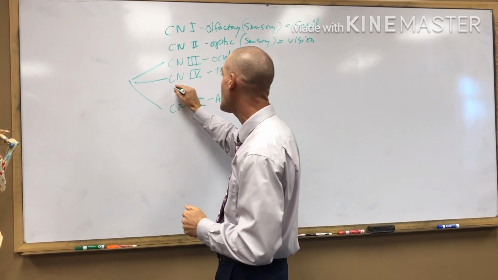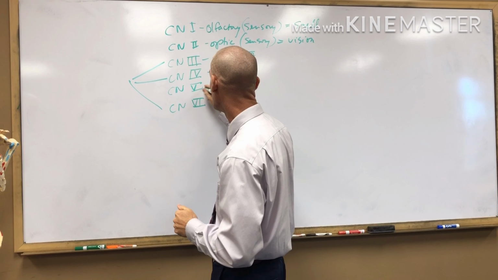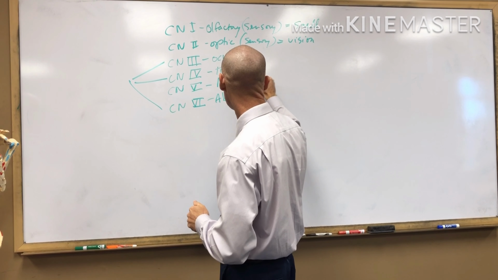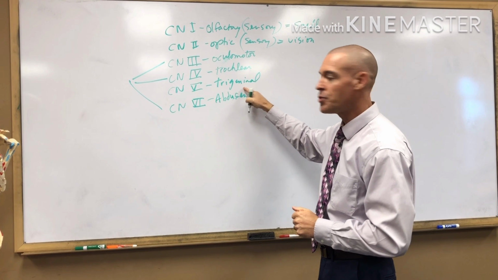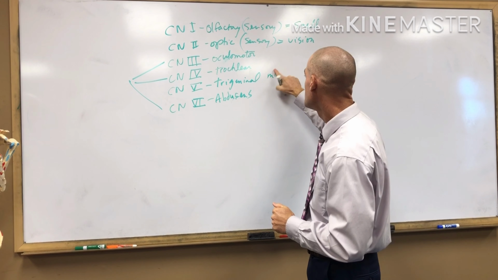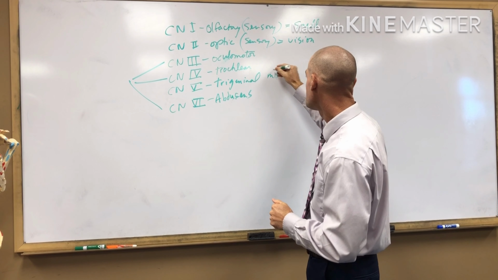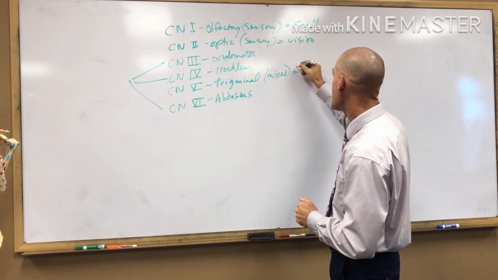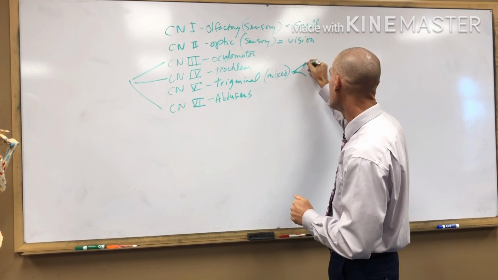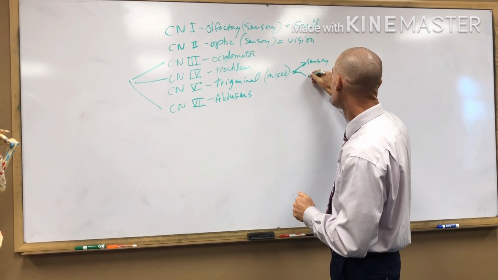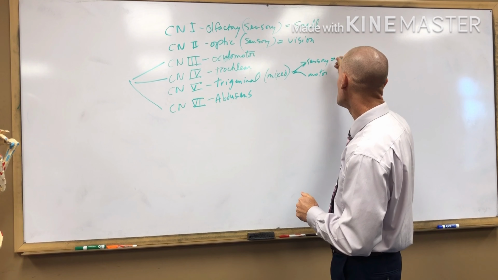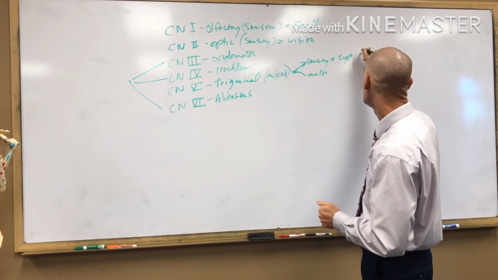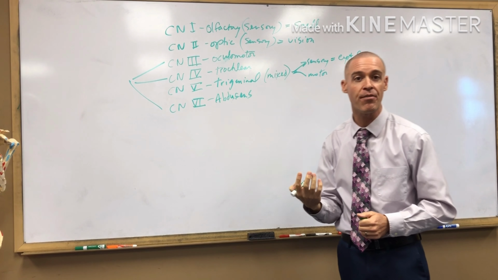Now cranial nerve 5, just kind of thrown in the middle here, is trigeminal. And the trigeminal nerve is our first mixed nerve. Okay, what does the trigeminal nerve do? It's both sensory and motor. It's sensory to the eye and face, right?